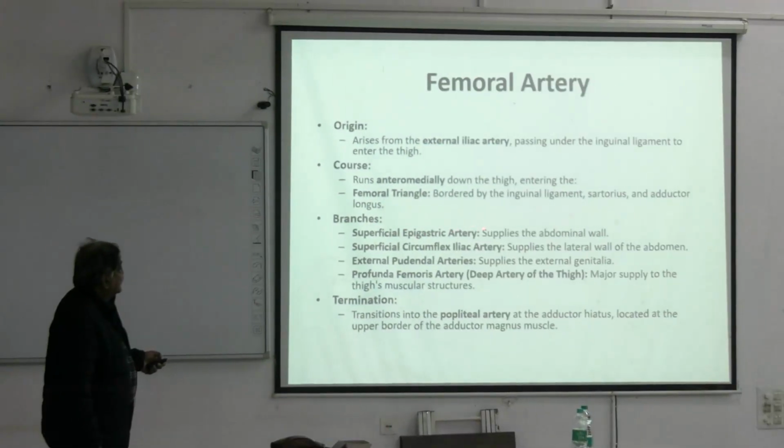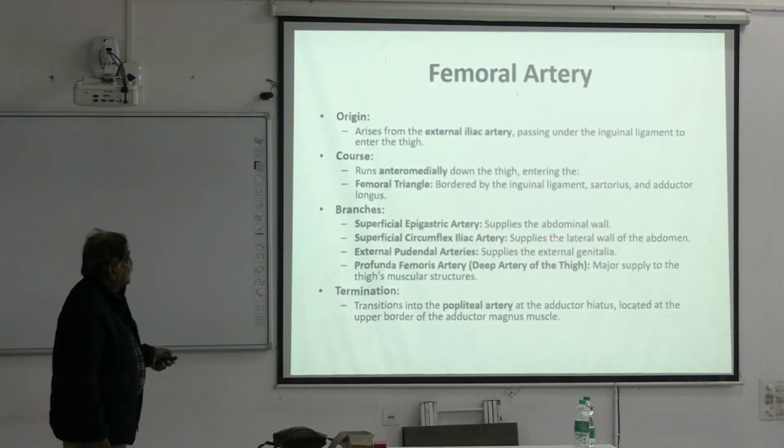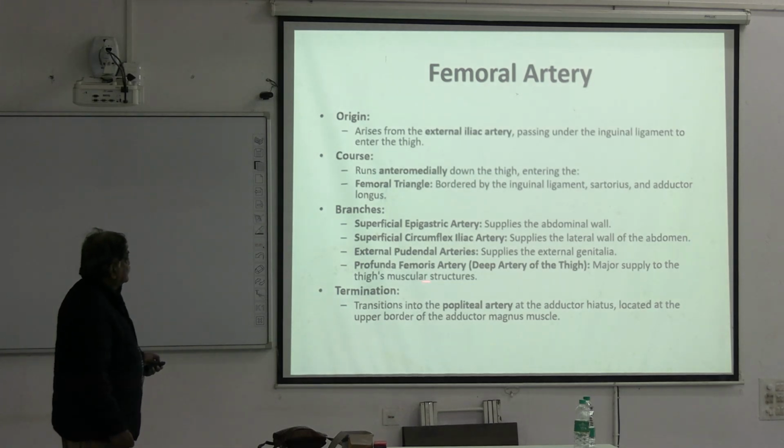Now, the superficial epigastric supplies the abdominal wall. The superficial circumflex iliac artery supplies the lateral wall of the abdomen. The external pudendal artery supplies the external genitalia. The profunda femoris artery, the deep artery of the thigh, is the major supply to the thigh muscular structure.